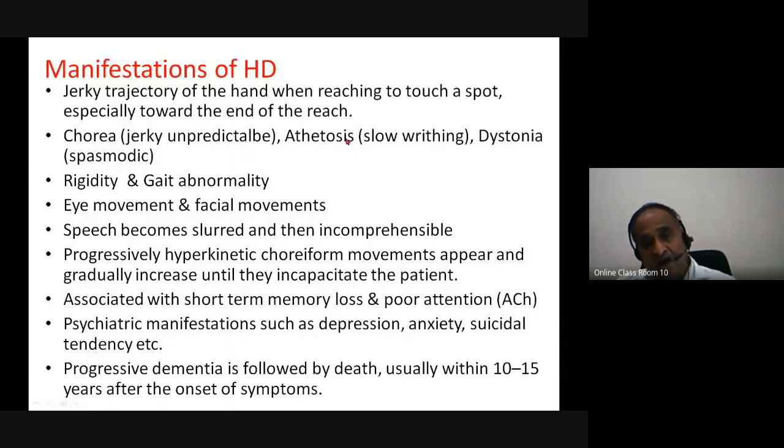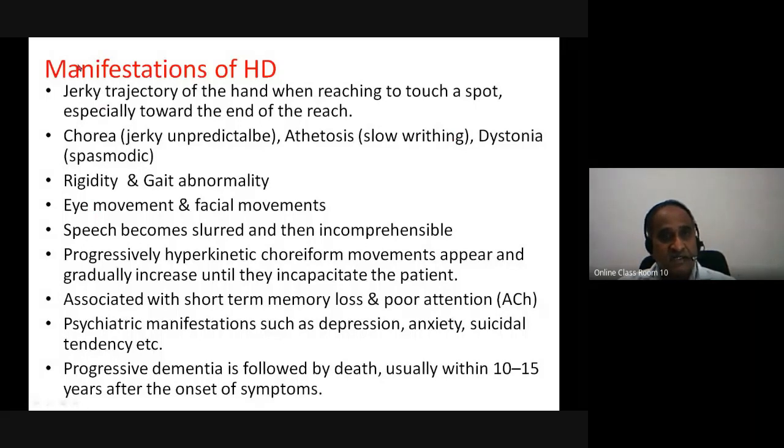Athetosis consists of slow, regular writhing movements of the agonist and antagonist groups of muscles. Dystonia is something like spasmodic contractions of the muscle. All three will develop.